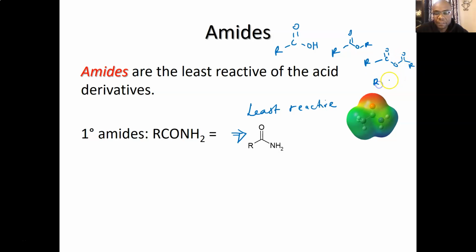Anhydride is less reactive than acyl halide. Okay, so in terms of reactivity, amides are less reactive than carboxylic acids, less reactive than esters, less reactive than anhydrides, less reactive than acyl halides.